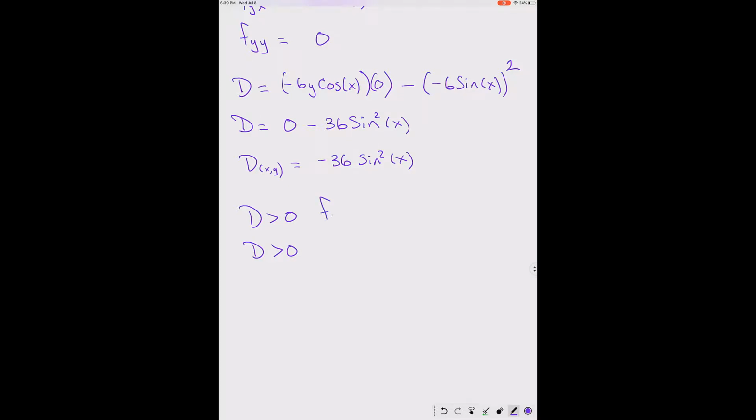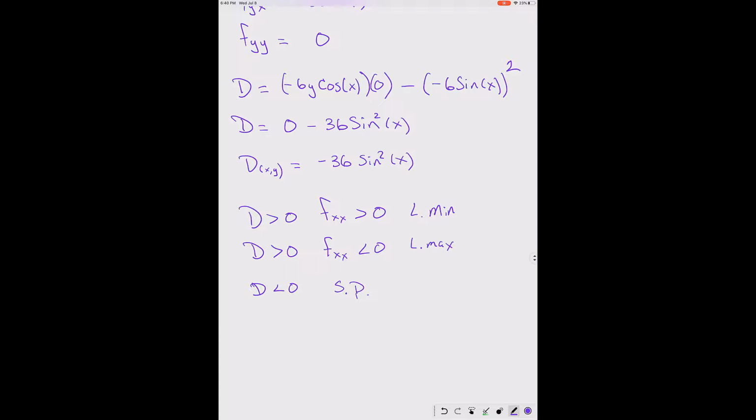And if the partial derivative of x first and then x again is bigger than 0, we have a local min. And if it's less than 0, we have a local max. And if our D is less than 0, we have one of these saddle points.